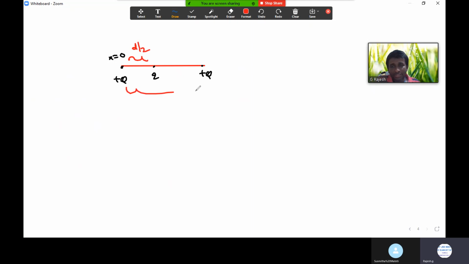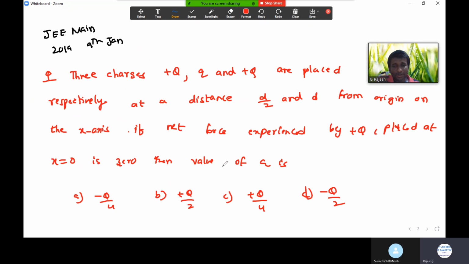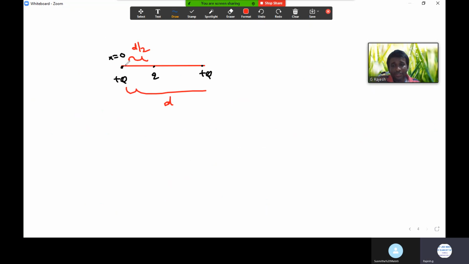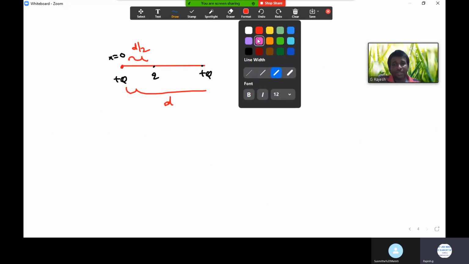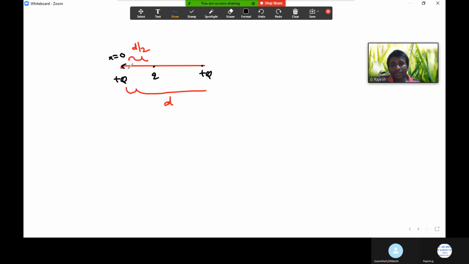What is the distance between small q and capital Q? That is also d by 2. The net force on the positive charge placed at x equal to 0 is 0, which means the force at this point is 0.